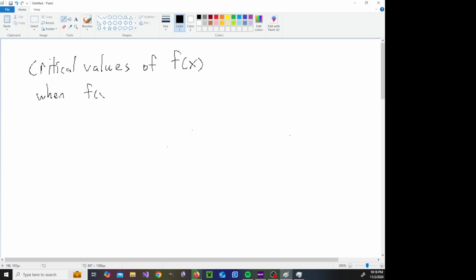So f prime is equal to 0, or f prime of x does not exist. The critical value is when that happens, aka the x values.